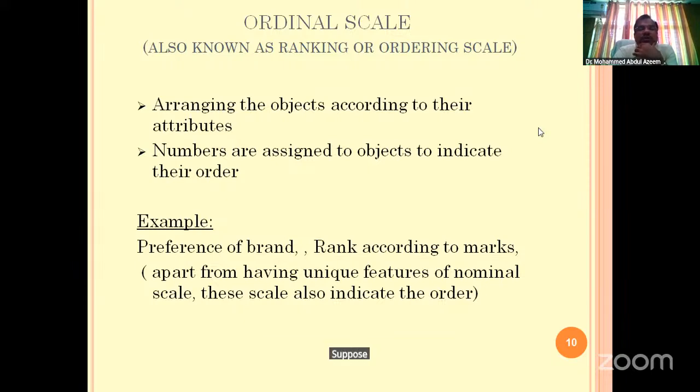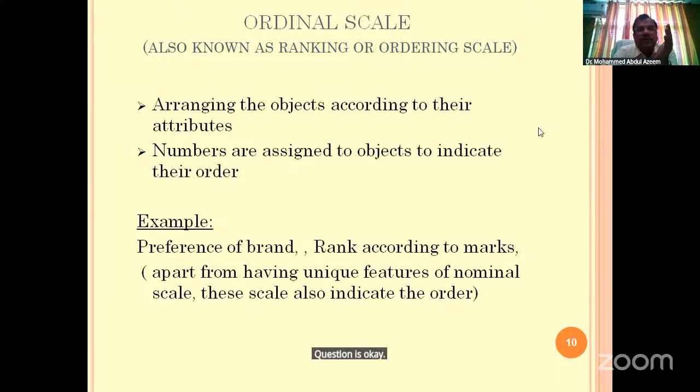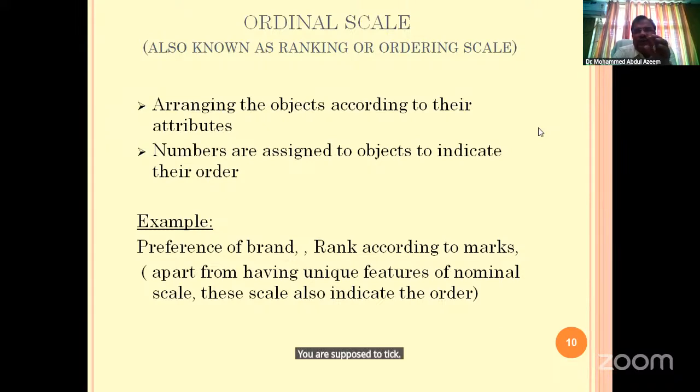Suppose there is a question: what factors do you consider while purchasing a computer? Brand, size, features, look, service. 5 attributes are there.